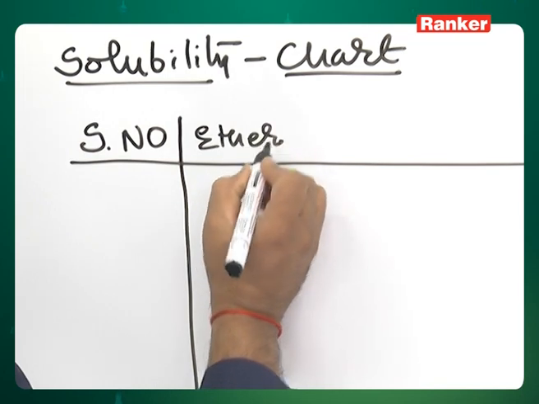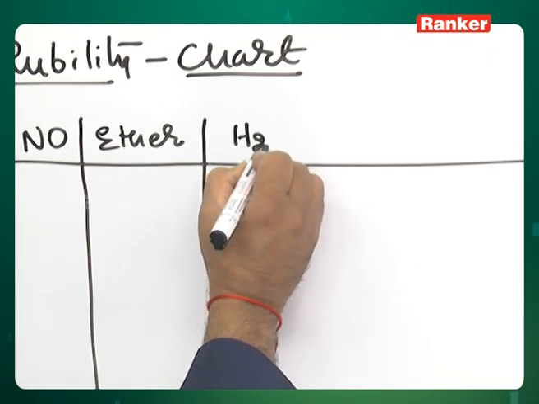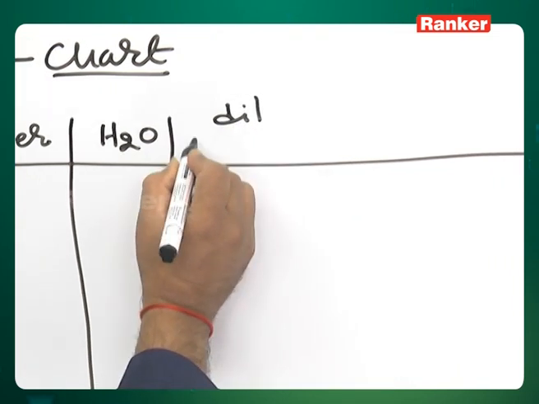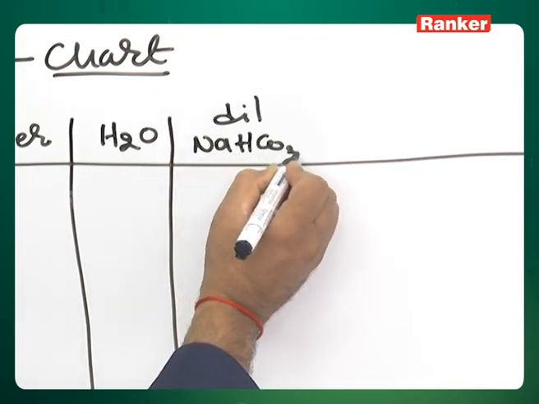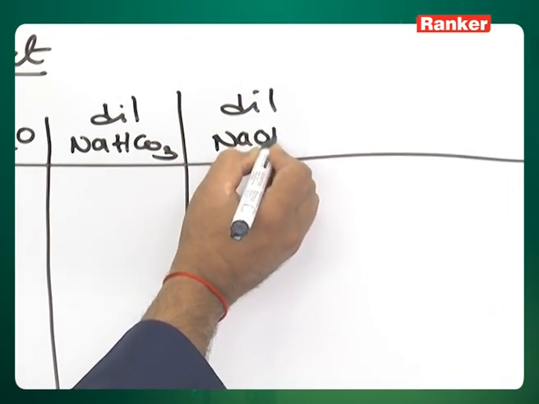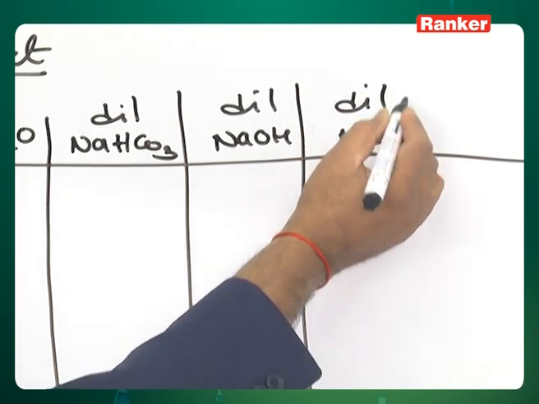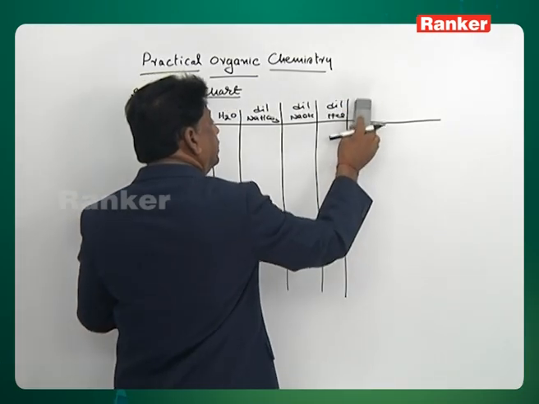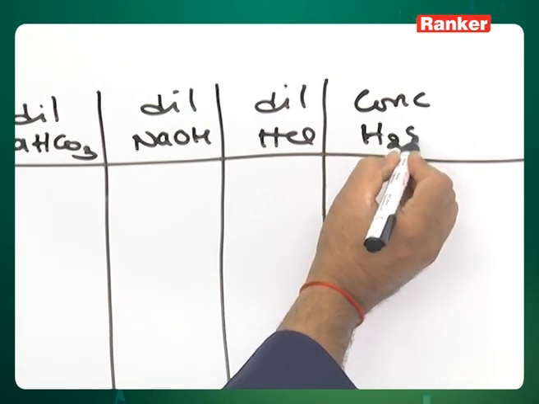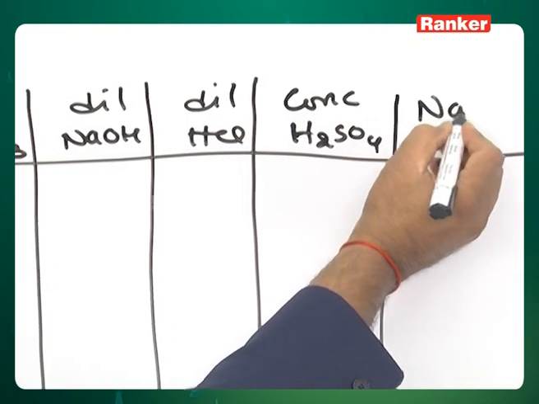First you have to check with the ether, then the water, then with the dilute sodium bicarbonate, dilute sodium hydroxide, dilute HCl, and directly concentrated you have to take here, concentrated H2SO4. Based on this solubility, we are going to decide the nature of the compound.